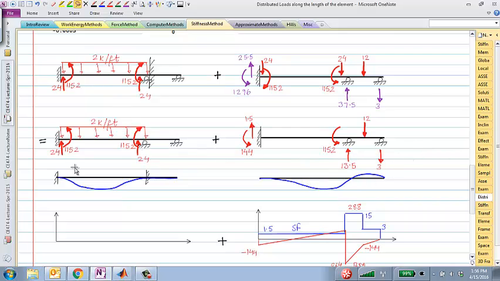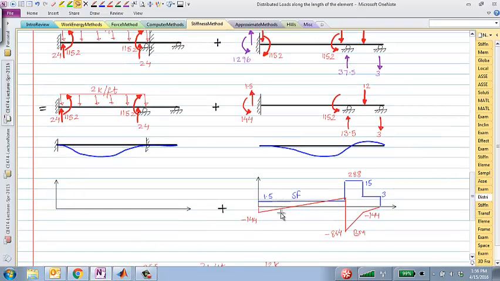What about this hand problem? I guess I've drawn the deformed shape, but the question really is, how do I combine the shear force diagram and bending moment diagram from what I got from MATLAB? And by the way, I hope you can see that this is also the figure that we get from MATLAB.